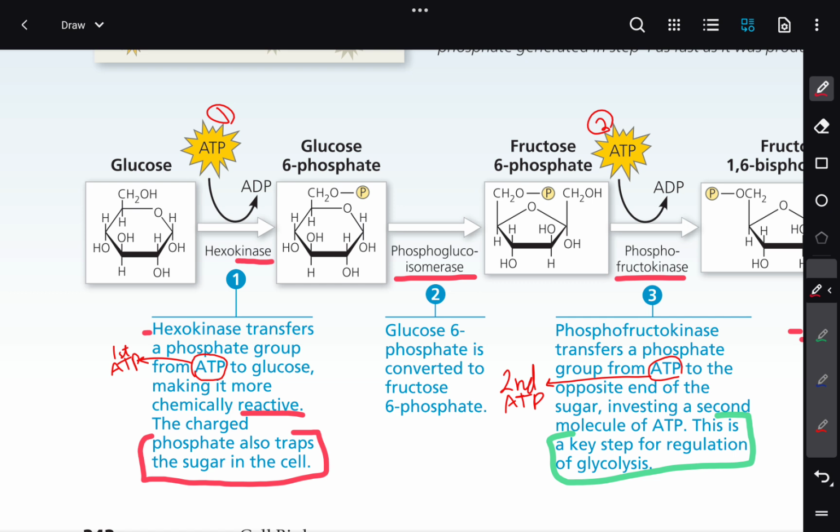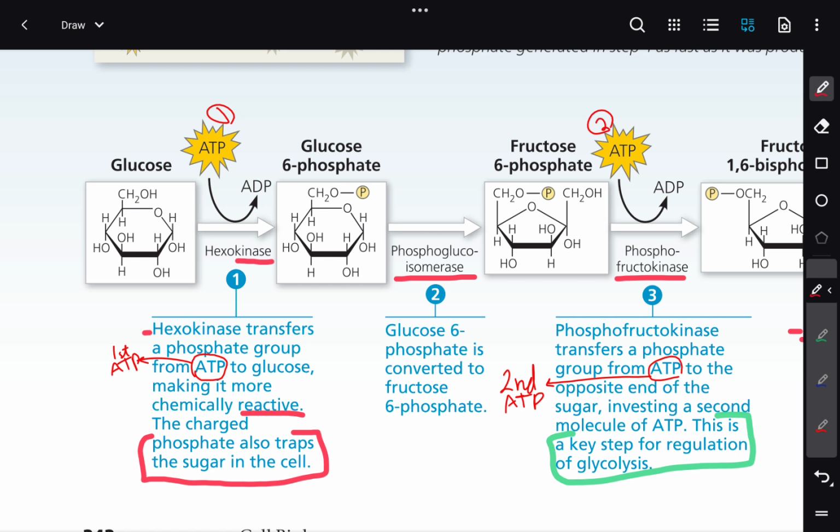Then we will change this glucose into fructose. It's called phosphoglucoisomerase. Why is it called phosphoglucoisomerase? Because isomerase changes the configuration of the sugar. Why is it called phospho? Because the glucose that we have has a phosphate group. Now we have fructose 6-phosphate.